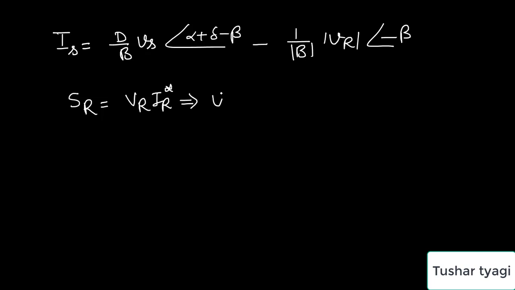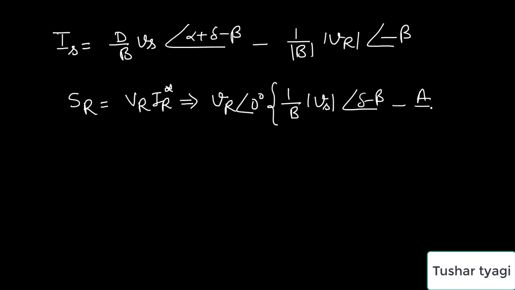As we all know, VR is VR angle 0 degree, and from the previous I have calculated the IR, which is 1 upon B mode of Vs angle beta minus delta, minus A by B mode of Vr angle alpha minus beta.